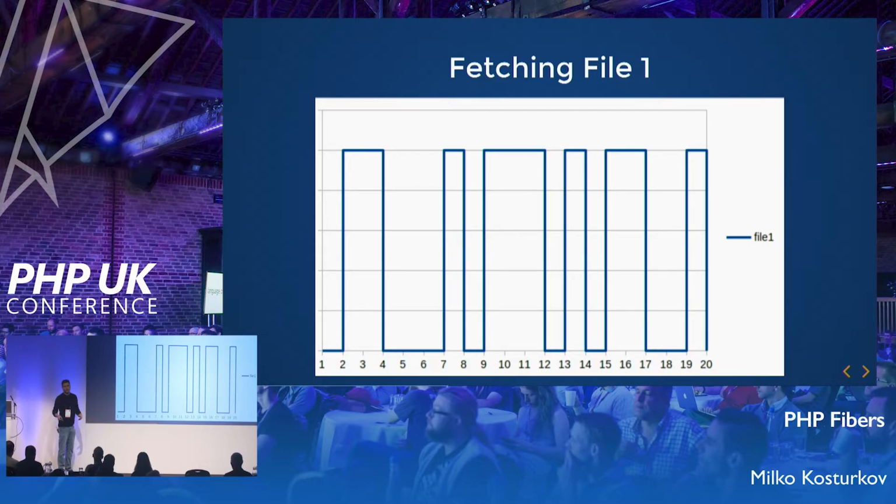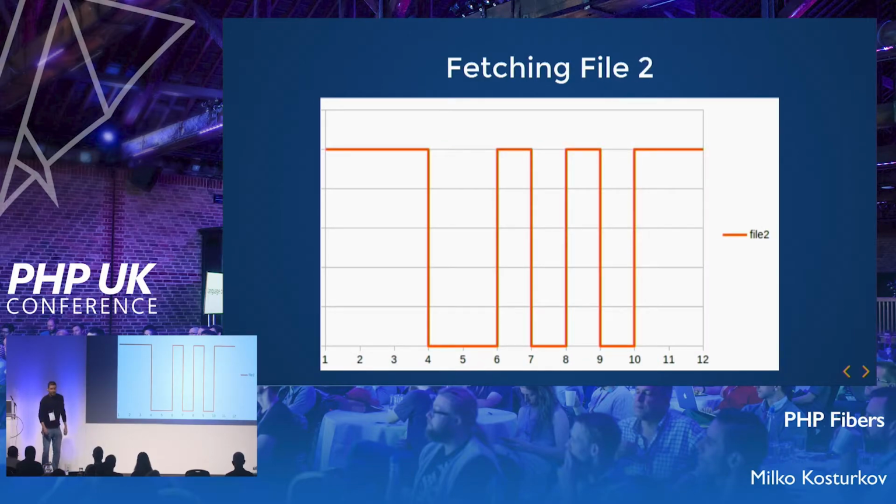During this wait time, we don't do anything. Our CPU is just waiting. It's wasted CPU time. And then we get some bits and pieces of information from the file, and we record them, and then we wait again. And we wait, and we get a little bit more file, and we continue to wait. Then a little bit more, wait, a little bit more, wait. And then we get the file.